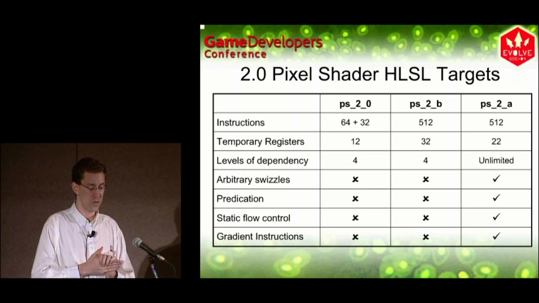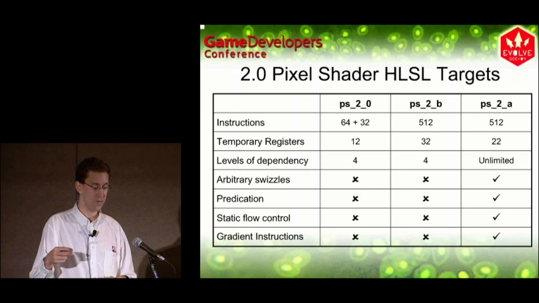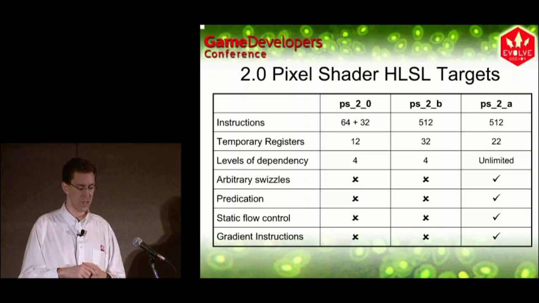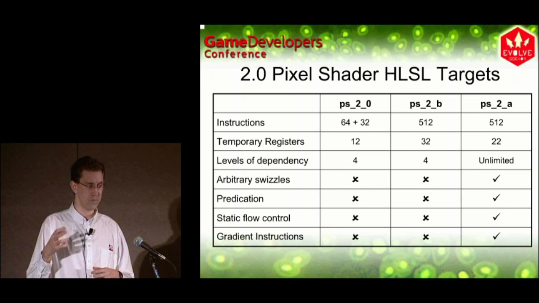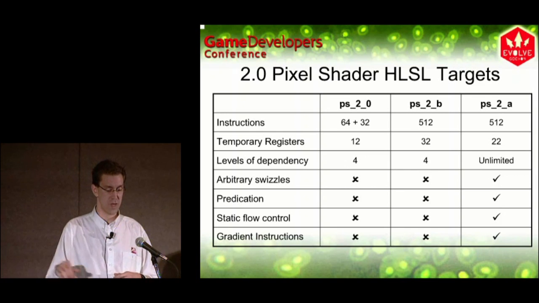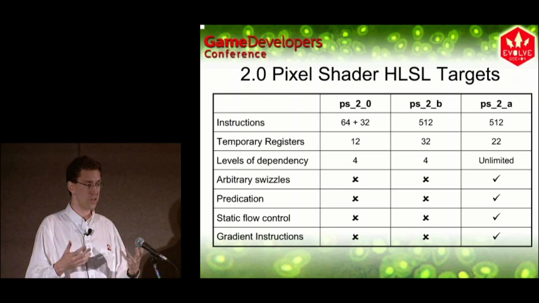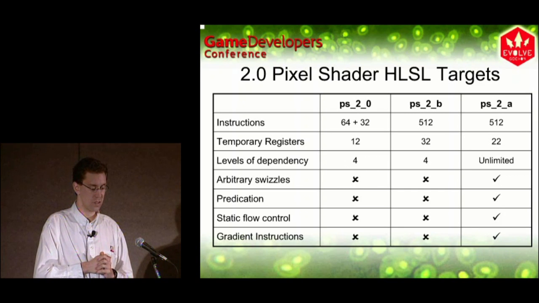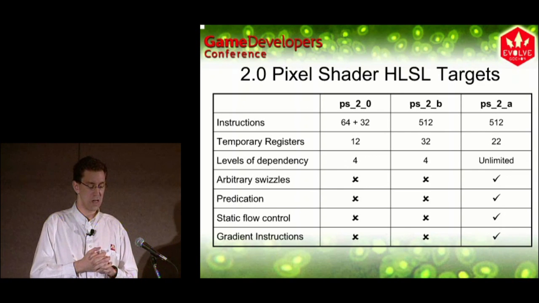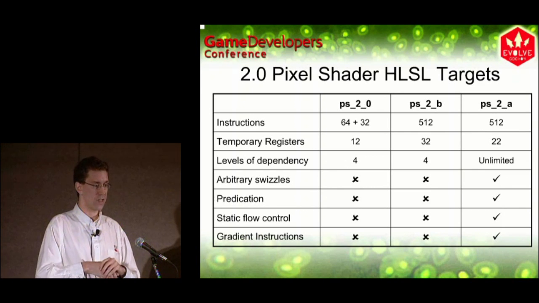PS2A goes beyond those. The program length is also 512. There are 22 temps that the compiler will use when compiling for the PS2A target. There's no limit on the levels of dependency for PS2A pixel shaders, and all the rest of those caps are set.